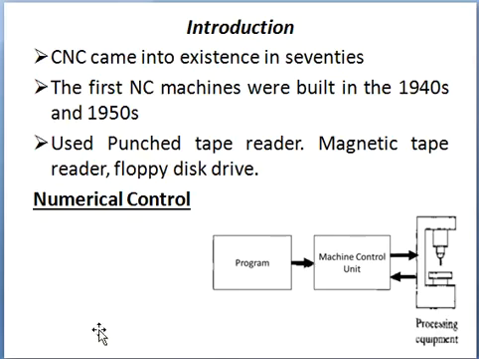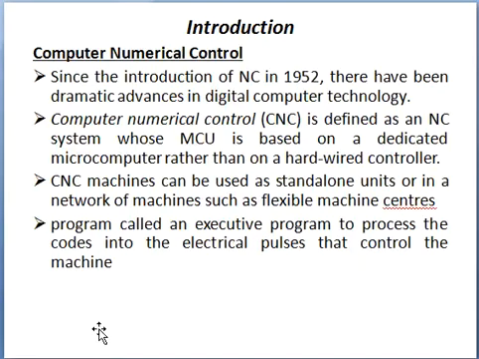Okay, next we will move on to computer numerical control. Computer numerical controls, or CNC machines as we refer to them, are a development of the previous NC machine which we had been studying in this class.